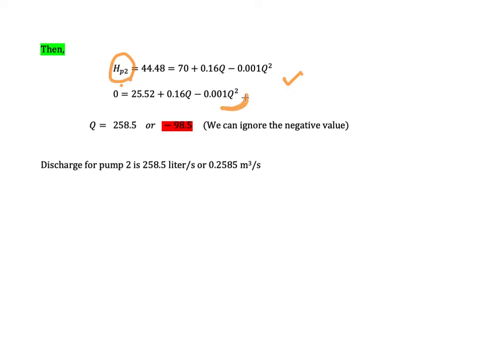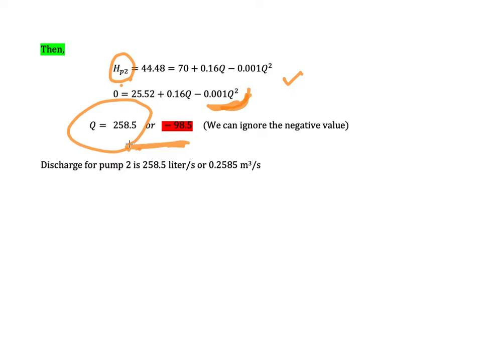And then for the value of Q, because it is a quadratic equation, we will have two values. So we take the positive value. If you get two values and both of them are positive, you need to take the common value or the logical value.